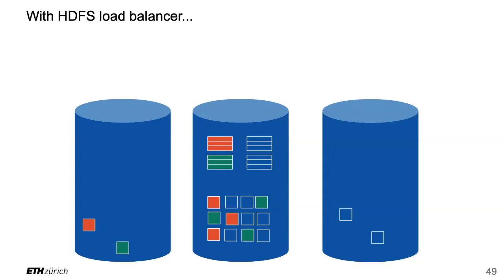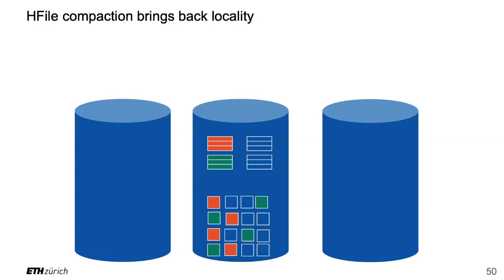They get compacted, right? What does it mean to compact things from the perspective of HDFS? It means we write a new file to HDFS. Do you see where I'm going? Now, because we just wrote a new file, it's again back to the same machine.